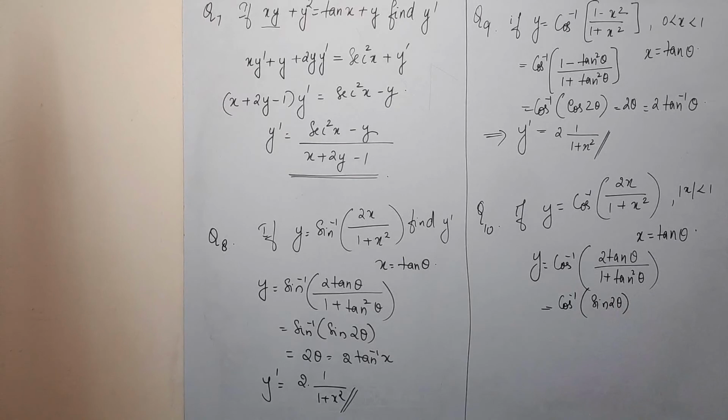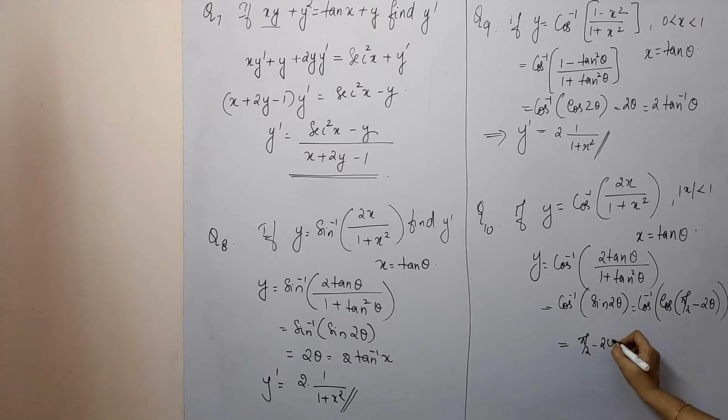I know that sine theta is cos of pi by 2 minus theta. I can write it as cos inverse of cos of pi by 2 minus 2 theta. Now, this is equal to pi by 2 minus 2 theta. Why? Cos inverse of cos is getting nullified. This is equal to pi by 2 minus 2 into tan inverse of x.